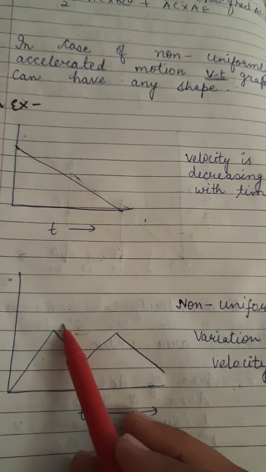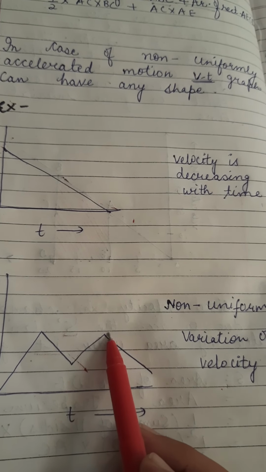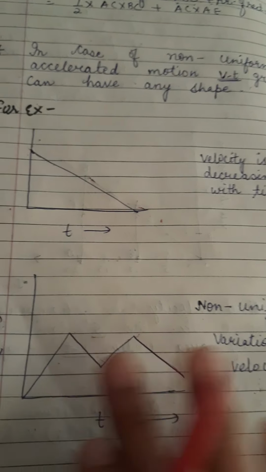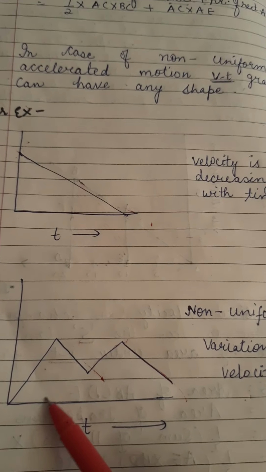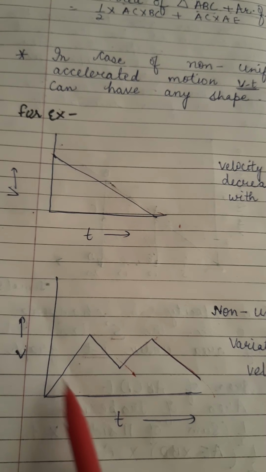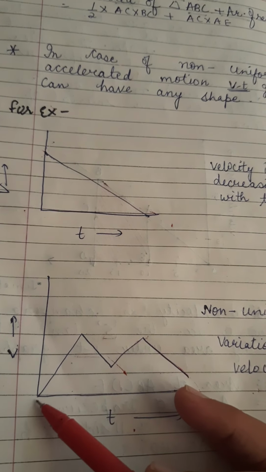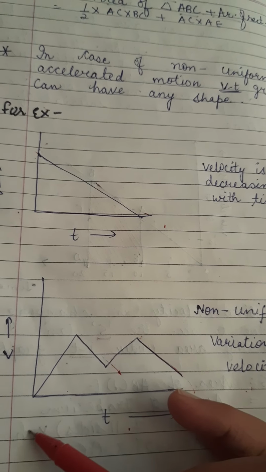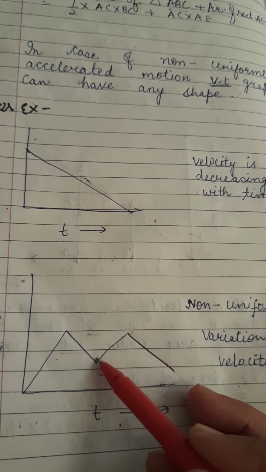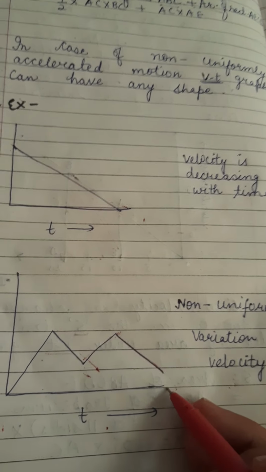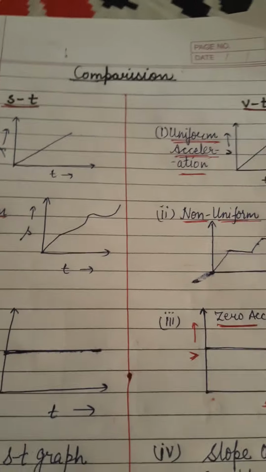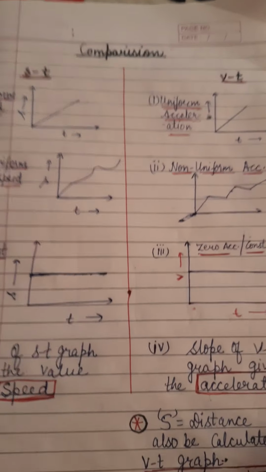Sometimes it is increasing, then decreasing, again increasing, then decreasing. These shapes can also determine the motion of an object, and this is a velocity time graph. So you can say velocity is increasing, or velocity is decreasing in this part, again increasing, again decreasing.